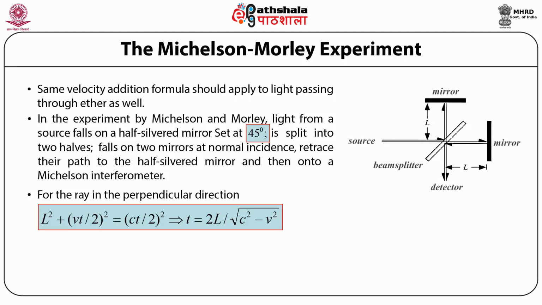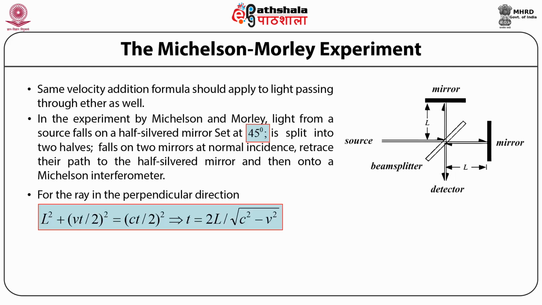So this formula shows the total distance traveled by light, that is L along one direction, from the beam splitter to the mirror and back. During the time the light travels this distance, the entire experimental setup has moved a distance v times t divided by 2, and this should equal the distance traveled by light, which, if t is the time taken to cover it, is c times t divided by 2.